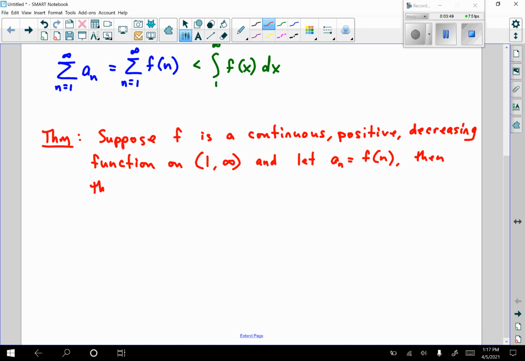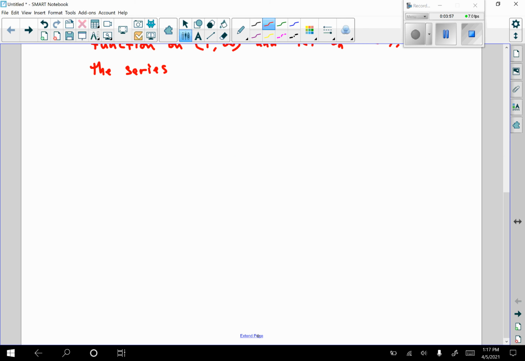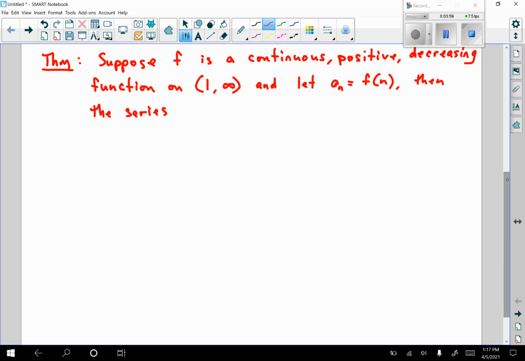Then the series is convergent if and only if the improper integral is convergent.